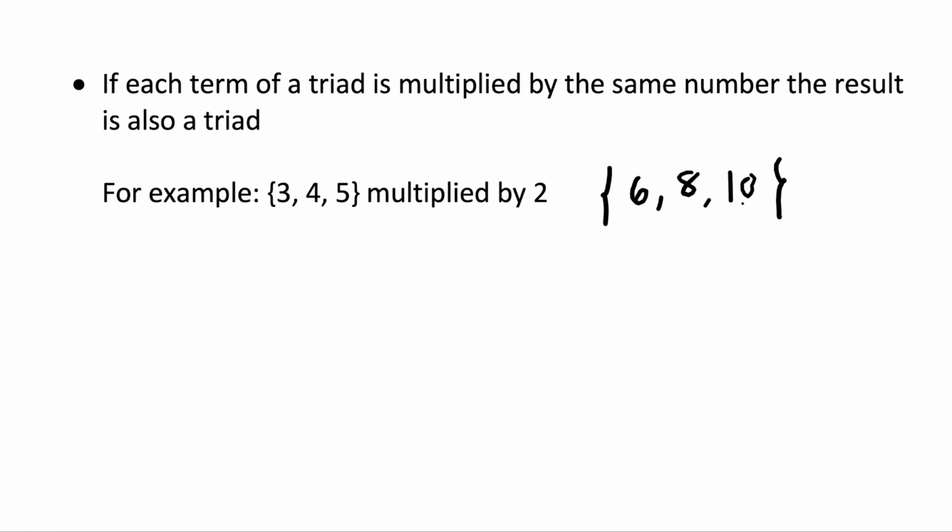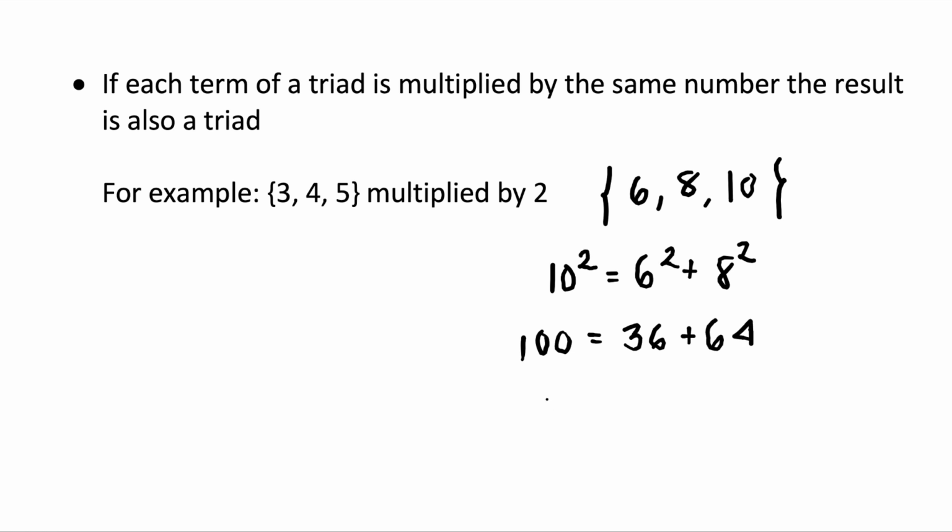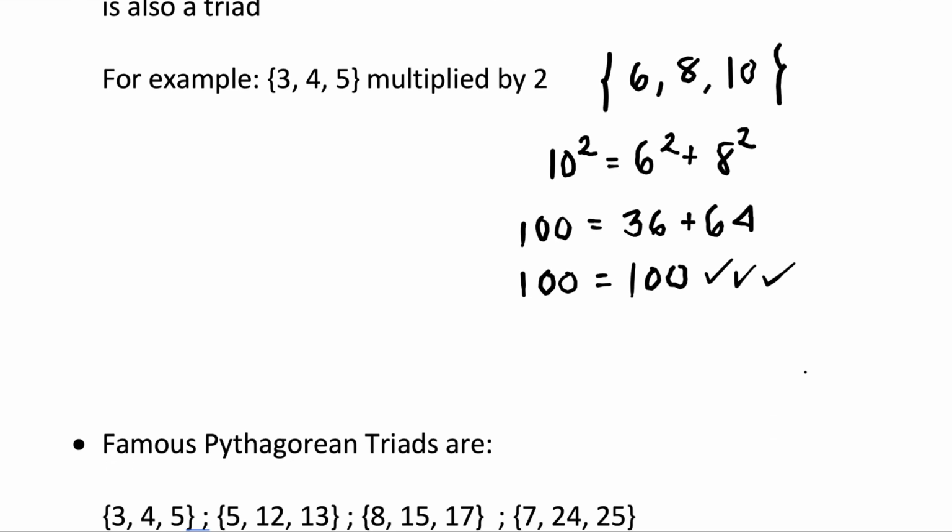It has to be 10 because that's the longest side. So 10 squared has to be equal to 6 squared plus 8 squared. This is 100 equal to 36 plus 64, and 100 equals 100, which means that it works. Perfect.